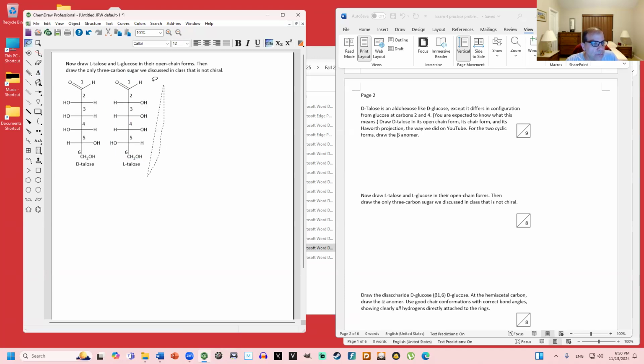And then L-glucose, instead of being right, left, right, right, will be left, right, left, left. So left, right, left, left.